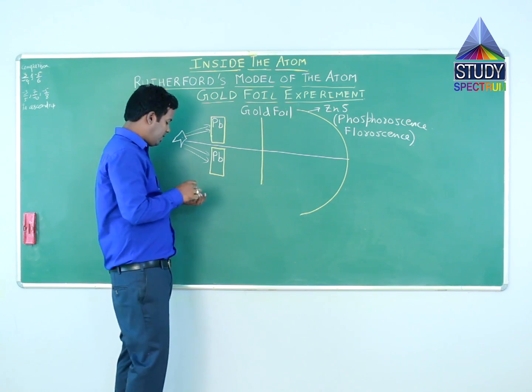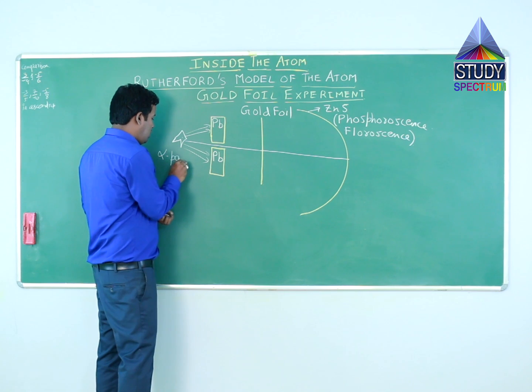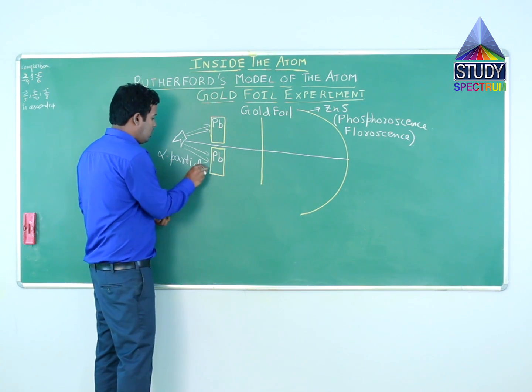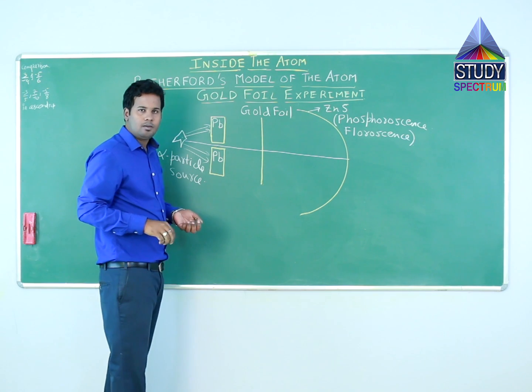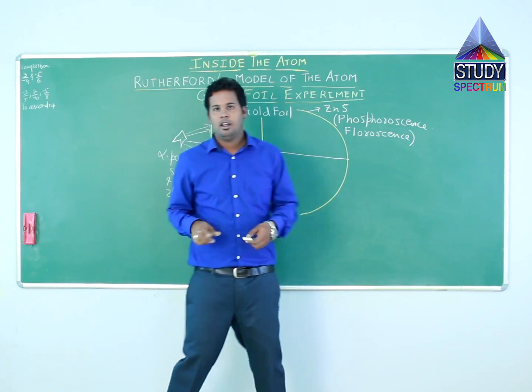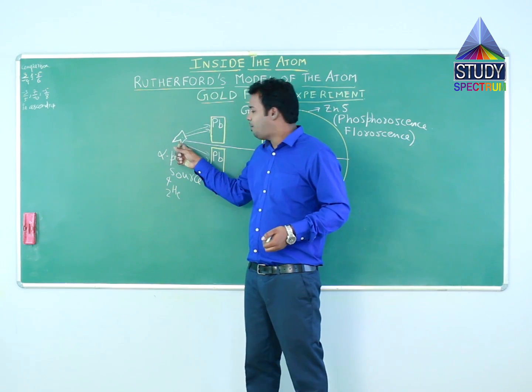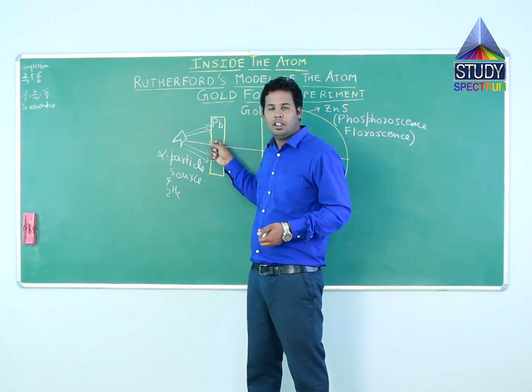Now, we have seen the experiment setup. This is the alpha particle source, any radioactive element. Alpha particles are actually helium, 2He4. So he used an alpha particle source. He used lead bricks with a small opening between them. Why lead bricks?